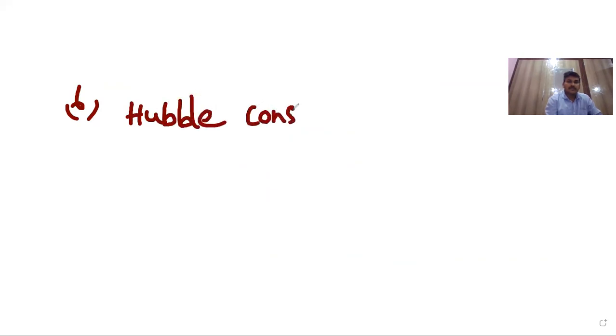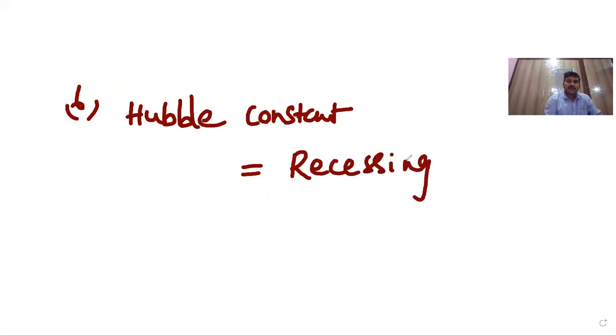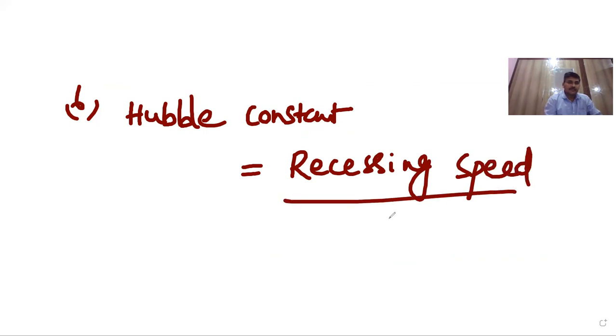The sixth one I would like to take up is Hubble constant. Hubble constant is simply defined as the recession speed to the distance.